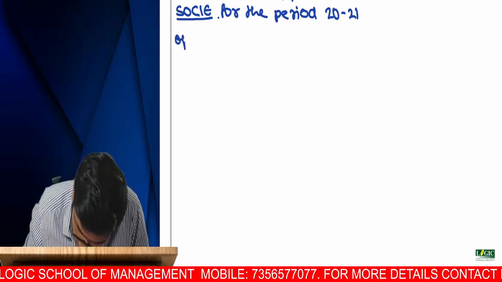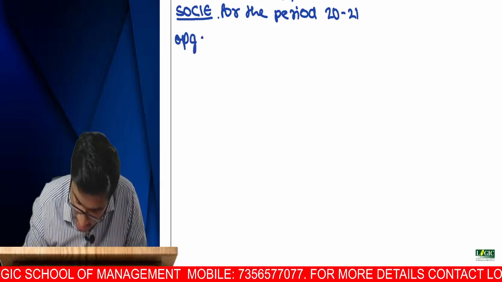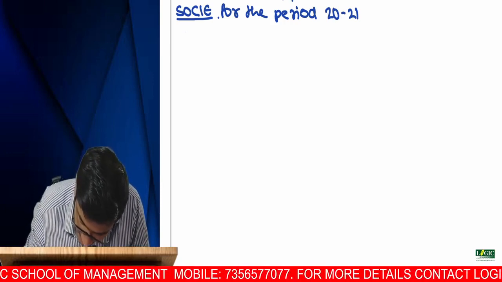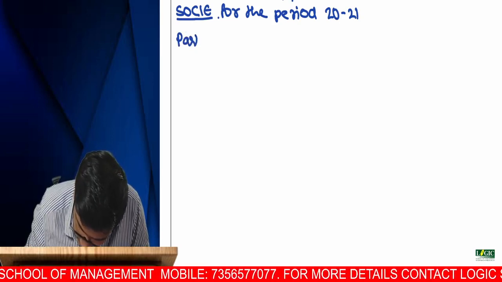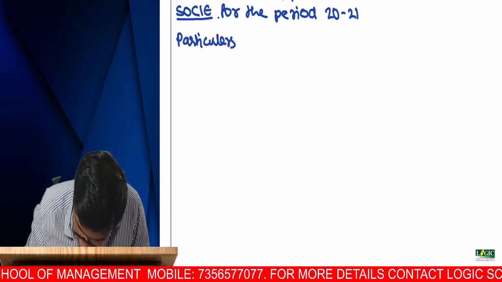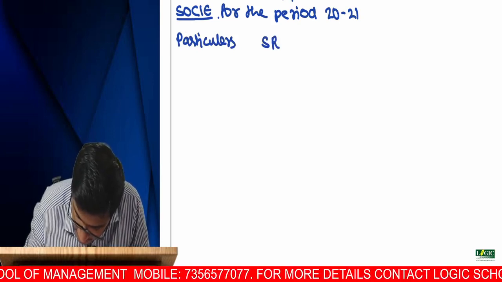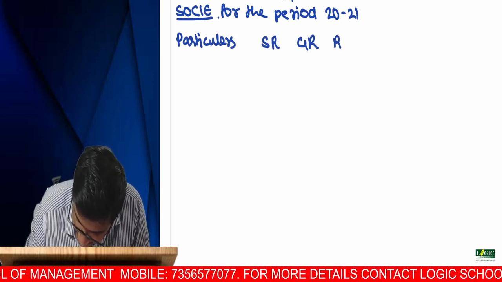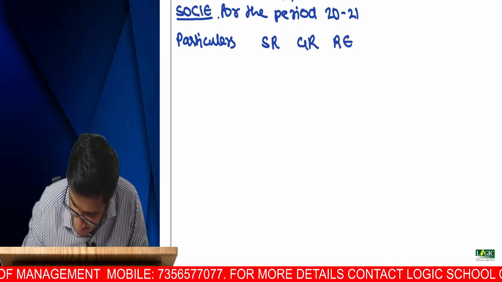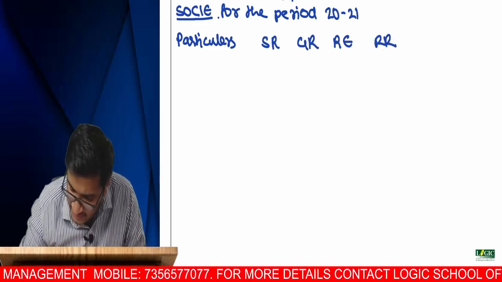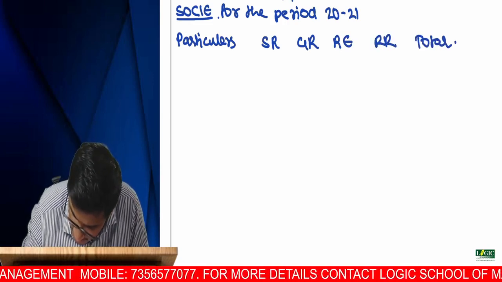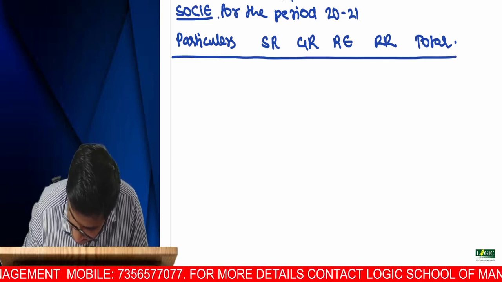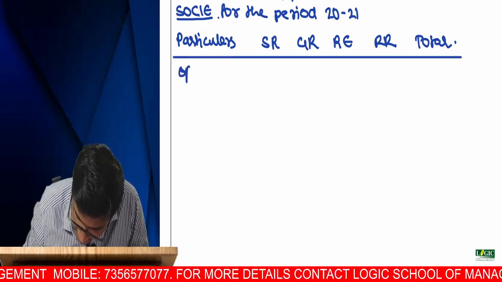So assume that my opening balance of the items is like this. I have particulars: say I have securities premium, general reserve, retained earnings, and revaluation reserve. Assume that all these items are there. I don't know what my opening balance was.